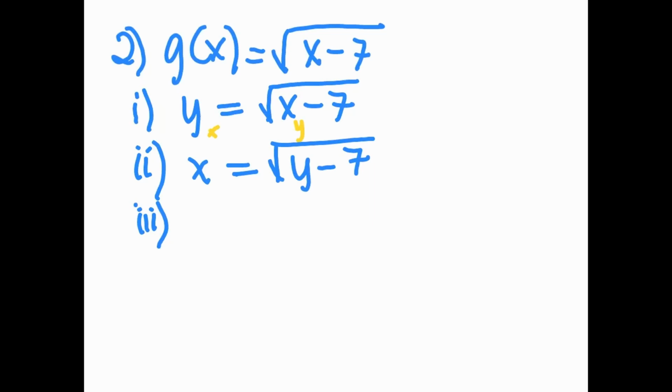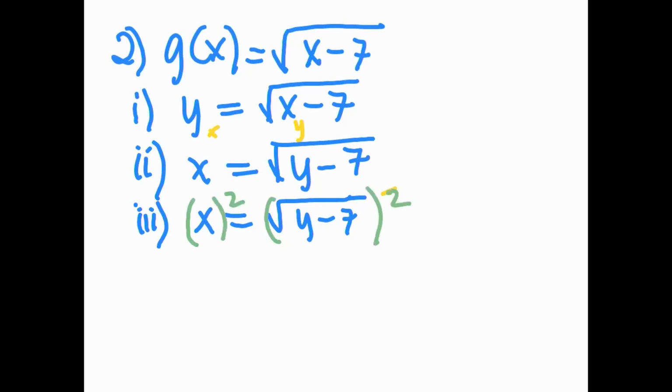Now take note, again the equation is x is equal to the square root of y minus 7. Here we are dealing with a radical, that is the square root of y minus 7. To eliminate the radical sign, we need to take the square of both sides of the equation. Note that the square root here has an index 2.